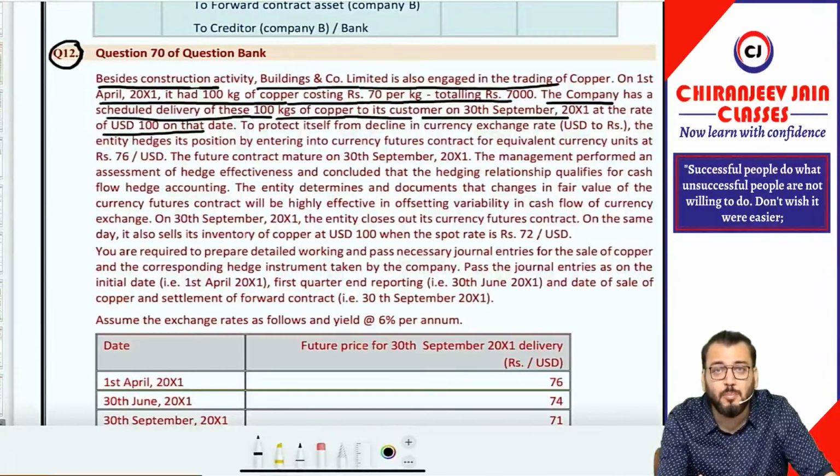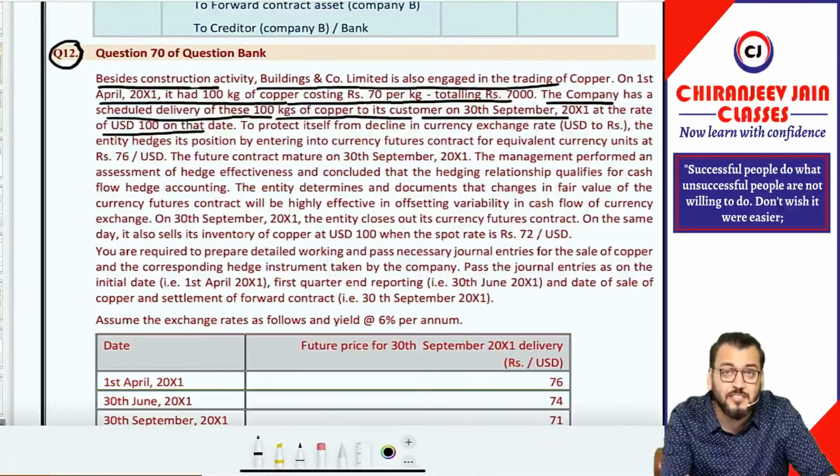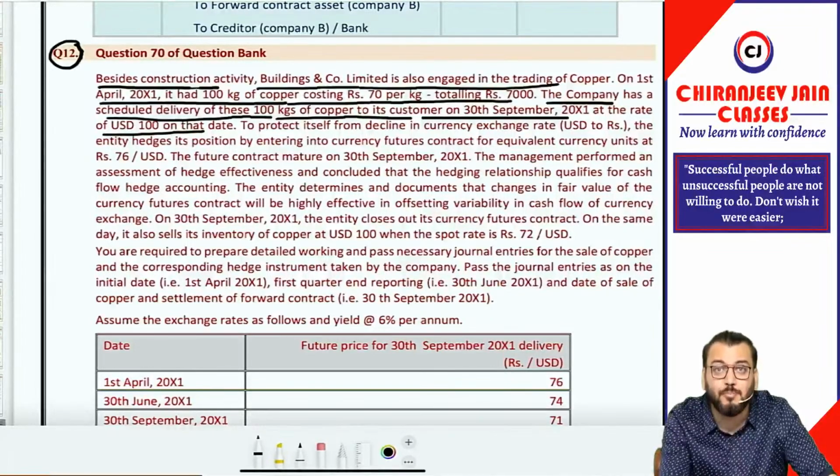Whenever there is a highly probable forecasted transaction, there is a risk of either decreasing cash inflow or increasing cash outflow. In case of expected sale, there is a risk of decreasing cash inflow. Therefore, we try to hedge such expected transactions, and that type of hedging is known as cash flow hedge.